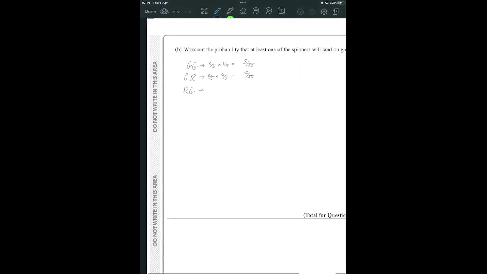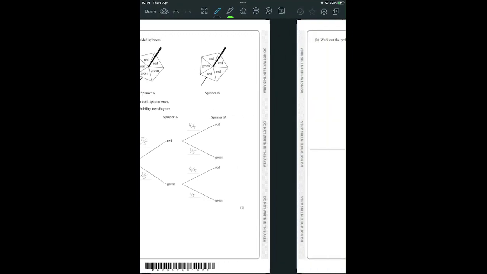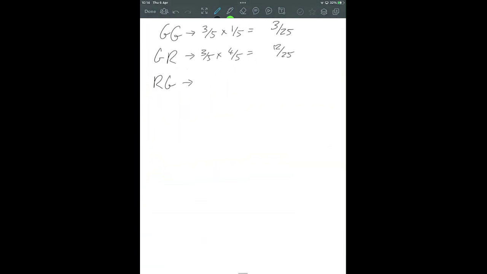And finally, red, green is 2/5, 1/5, that's an extra 2 out of 25. So our total is going to be 17 out of 25. And that's my answer.